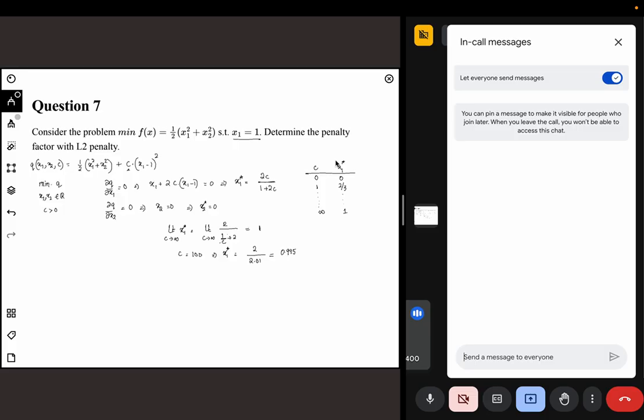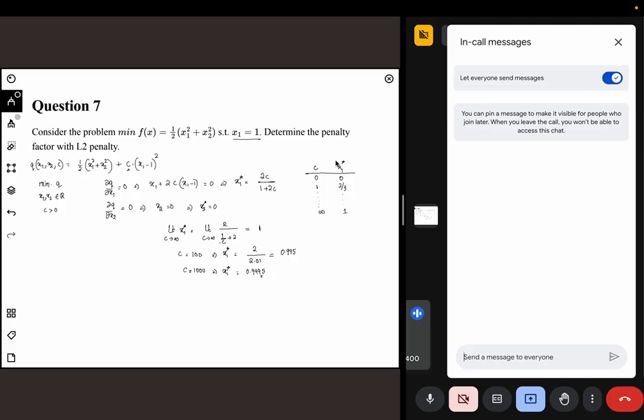If you put C equal to 1000 or something, then you can see that as you keep increasing the value of C, the precision is going to increase.